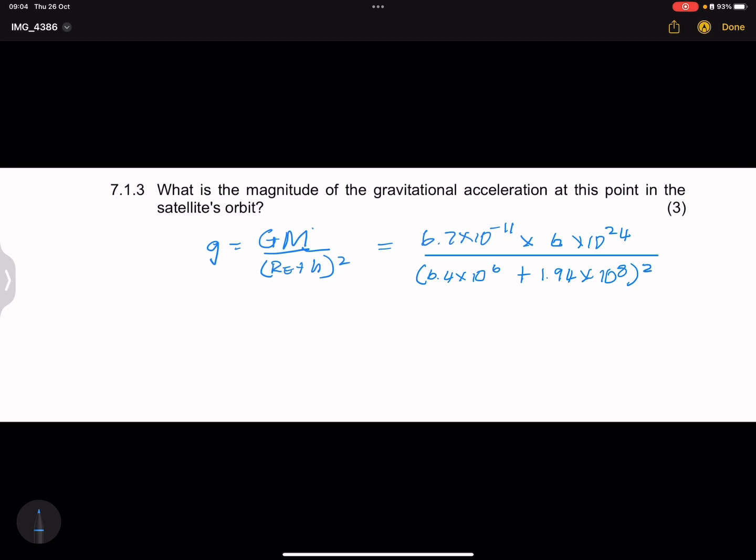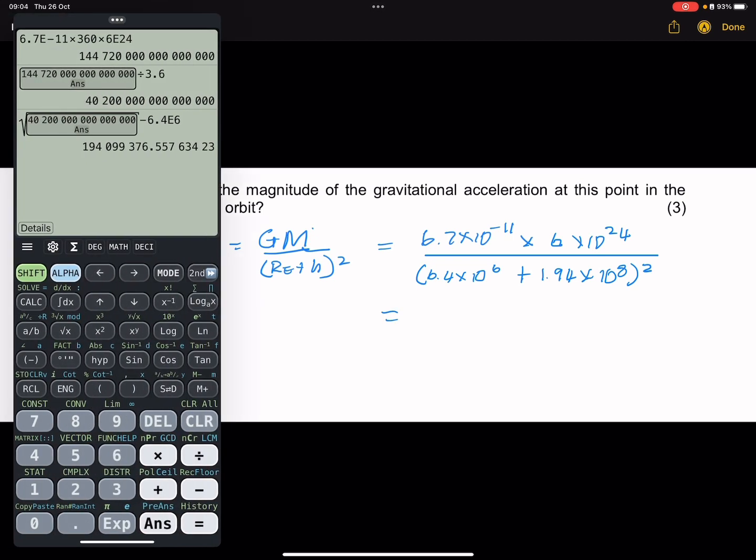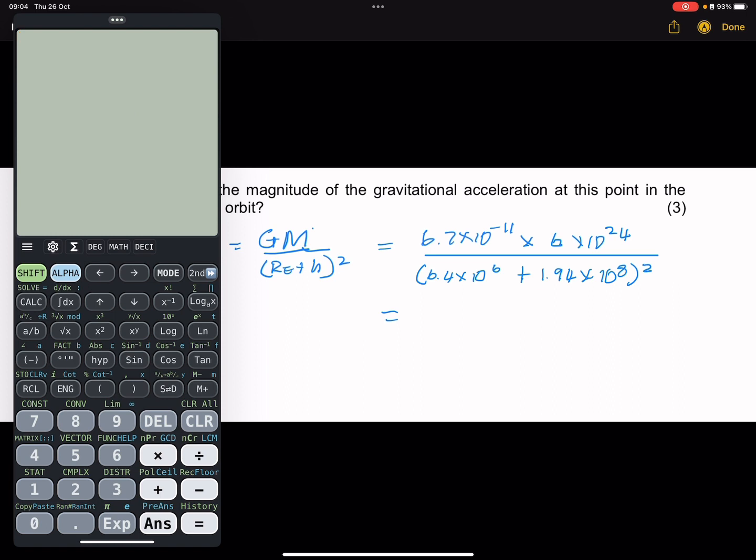And please remember, this is squared. So let's calculate the gravitational acceleration at this point.